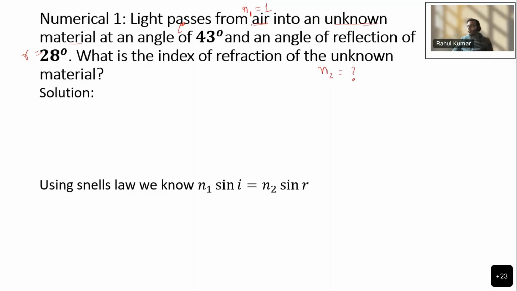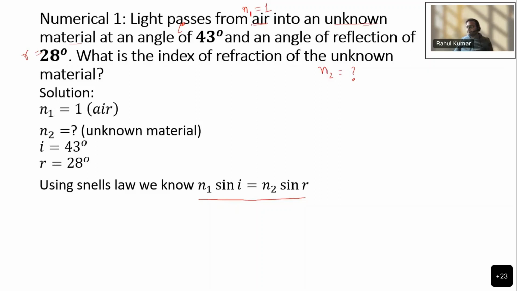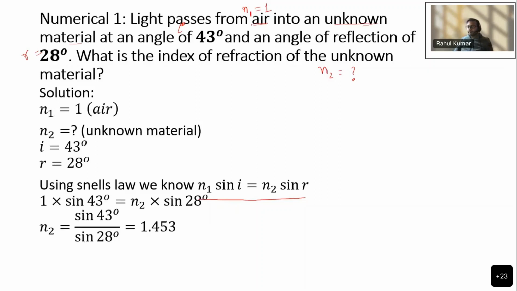So we can straight away use Snell's law, that is N1 sine I is equal to N2 sine R. Okay, so I've solved it in the next slide. So if we put in all the values, N1 is 1, angle of incidence is 43 degree, angle of reflection is 28 degree.